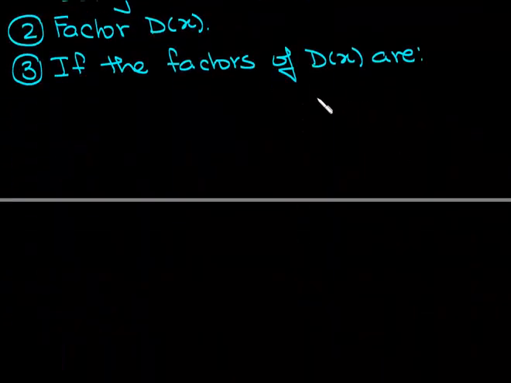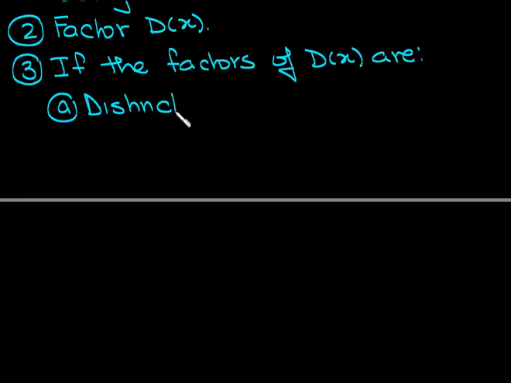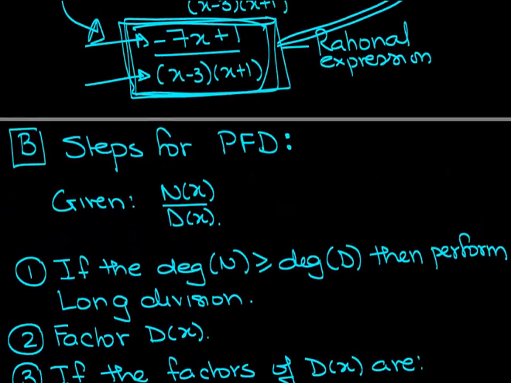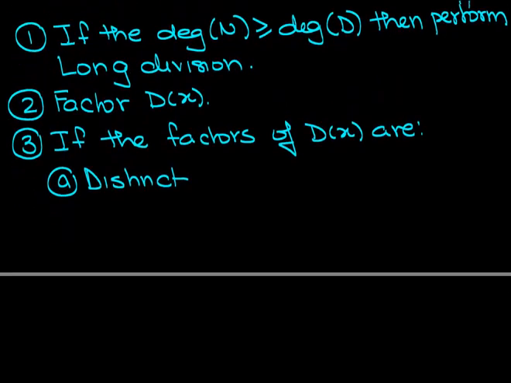If the factors of d of x are distinct, that means they're different, like in this case. If the factors are distinct, we want to break it this way.